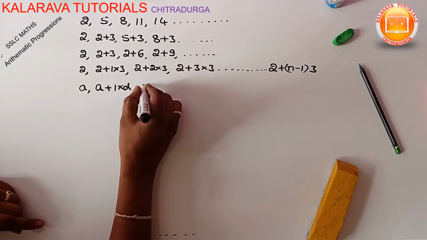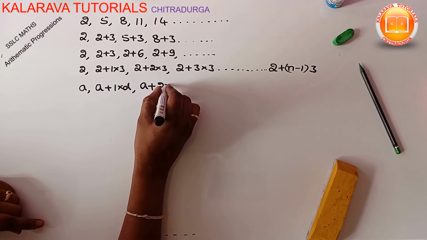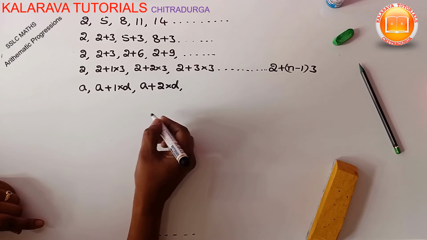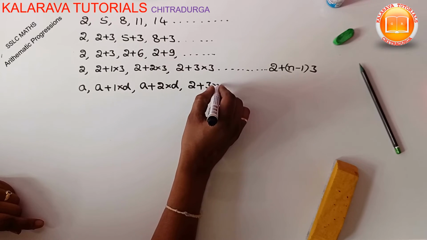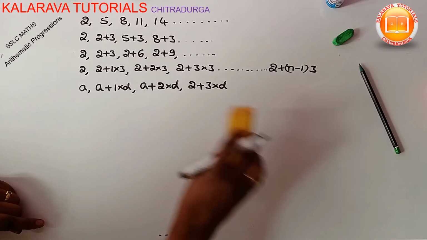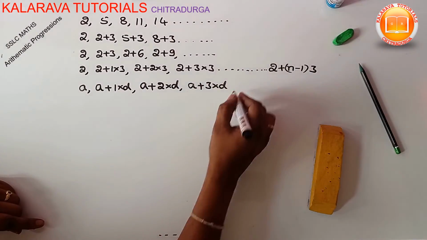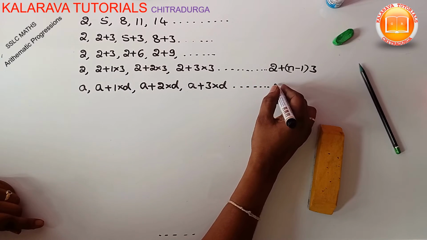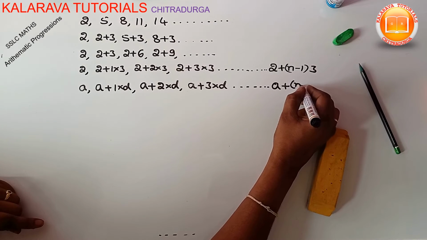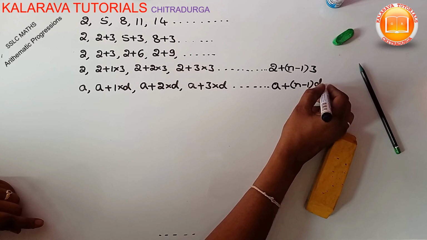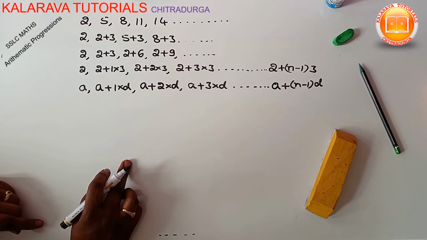For the third term we write a plus 2 into d, and for the next term a plus 3 into d. At last we write a plus n minus 1 into d. This is the nth term of the arithmetic progression.